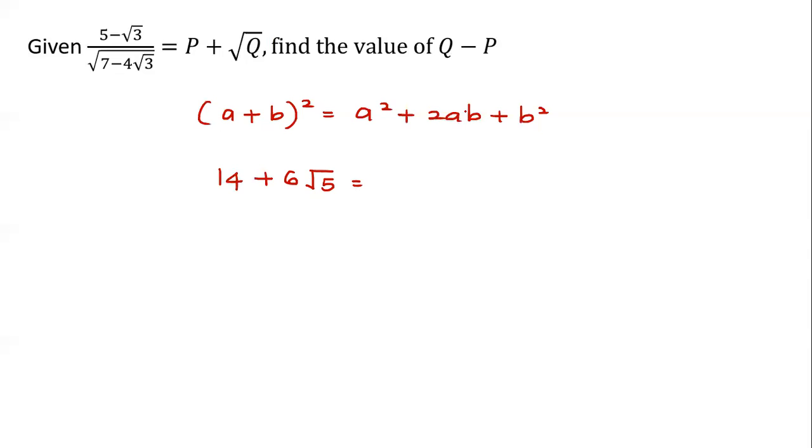Can you see there's a 2 there? So that you can see what a and b are. The condition is that you have to take out the 2, so I take out the 2 from here. Taking out the 2 means inside is going to be 3 with the square root of 5.